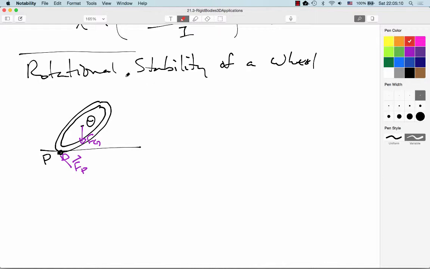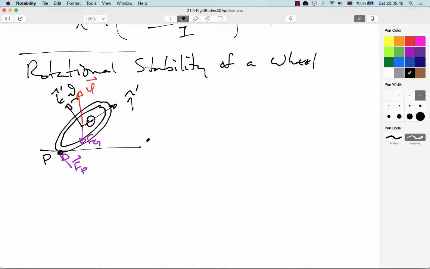While we're turning, that's going to be your phi. And let's put in our coordinates following the book. That's going to be j prime, and then tilted over an angle theta here is going to be your k prime there.